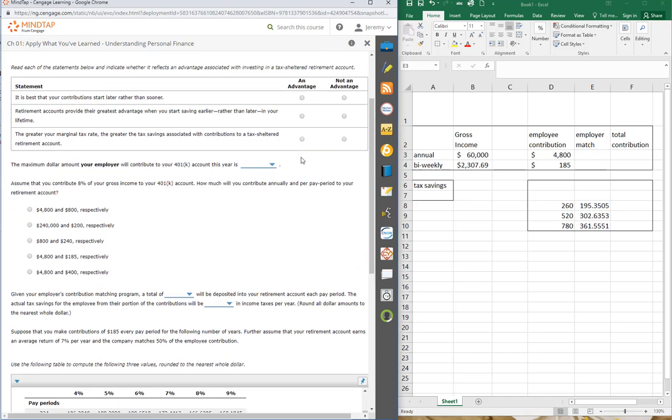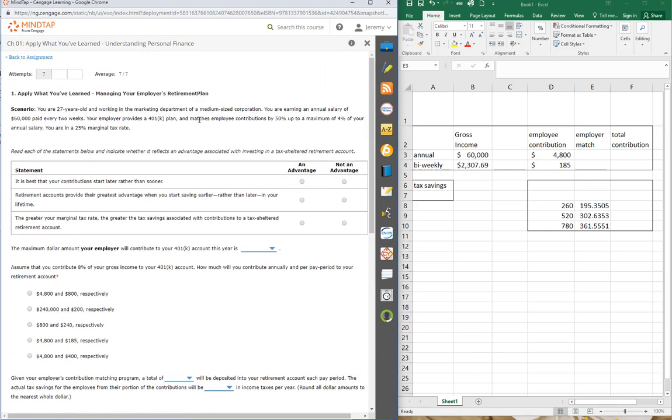So looking back at our rules up here, it says that the employer matches 50% of my contribution up to a max of 4%. So first, I'm going to bring back that calculation over here where I say, well, what was the max the employer would contribute. I know that was 60,000 multiplied by the 4%. So 2,400 is the max they would do.